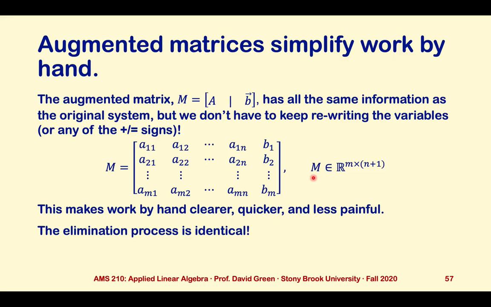There are other reasons why the augmented matrix is a nice way of working with things. There are deeper connections that we'll get into later on, but for the time being, we can think of the augmented matrix purely as a simplified representation of a system that is easier to work with.